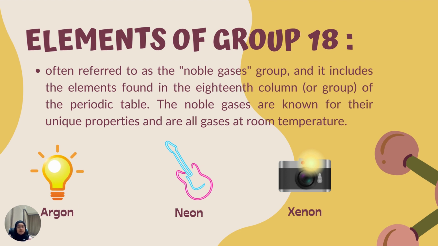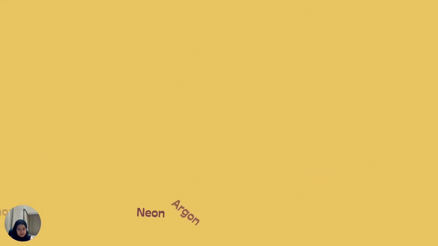If you have a camera such as a DSLR camera, inside the camera we have a flash, and inside the flash we have a chemical which is xenon. And if you go to some cafe or store, if they have an LED light, inside the light we have neon, which is one of the elements in group 18.